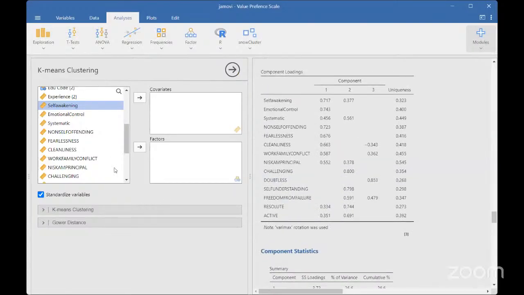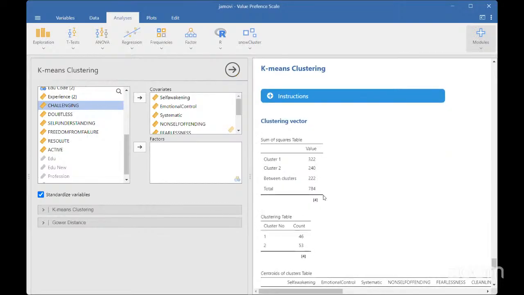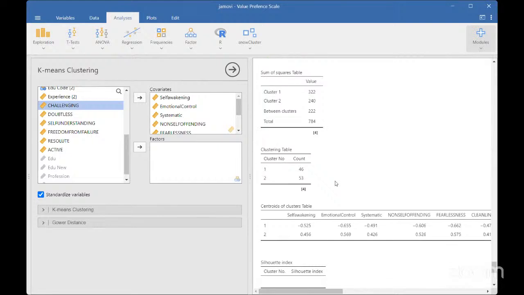That's the first component. So you will find out two clusters, okay? In the first cluster, 46 individuals are there. And in the second cluster, 53 individuals are there.